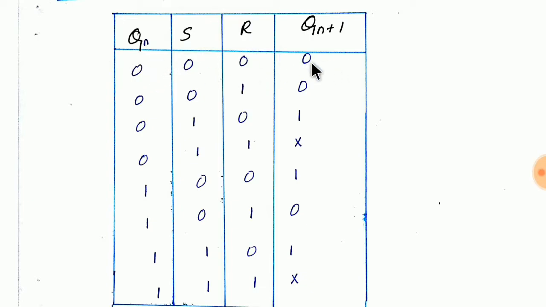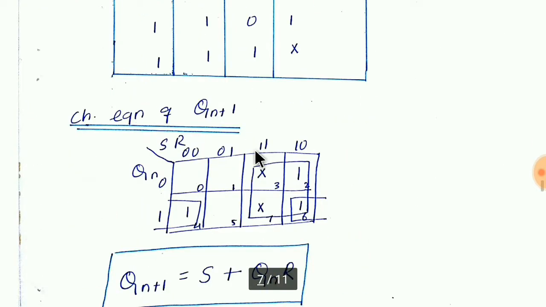Present state is 0, hence it is going to be 0. When it is 0, 1, as your present state is 0, it will make your next state also 0. When it is 1, 0, my present state is 0, and when S is equal to 1 and R is equal to 0, it will perform the set operation. That is, my next state will be 1 here. And we are forbidden to use S equal to 1 and R equal to 1.